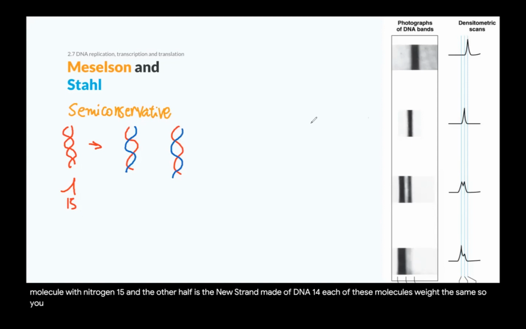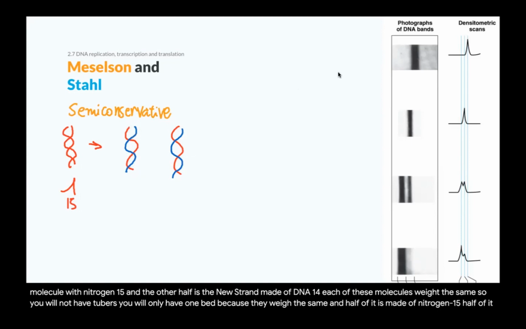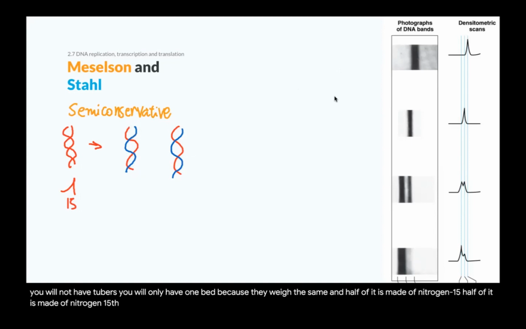So you will not have 2 bands, you will only have 1 band because they weigh the same. And half of it is made of nitrogen 15, half of it is made of nitrogen 14. So it is an intermediate.